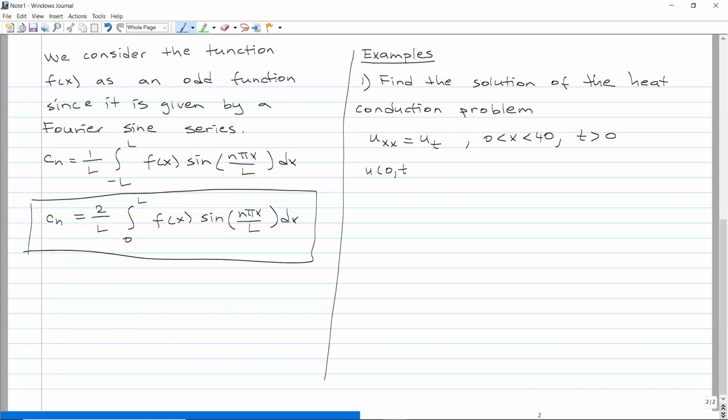Boundary conditions u(0,t) and u(40,t) are 0 for all t positive.